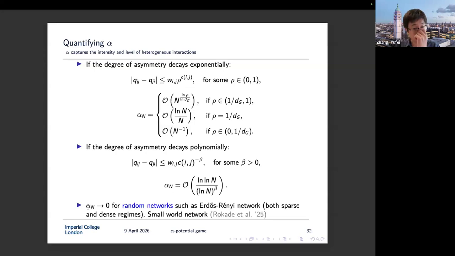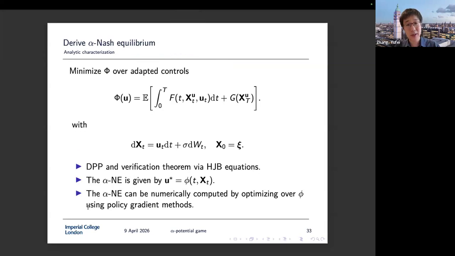Before introducing further analytical results, I want to show that finding the corresponding alpha Nash equilibrium becomes solving this control problem. There are many tools you can use to characterize a solution of this control problem. For example, you can use verification to characterize the optimal control and the alpha Nash equilibrium through a finite dimensional HJB equation. Then you can show that this Nash equilibrium has a Markovian representation.